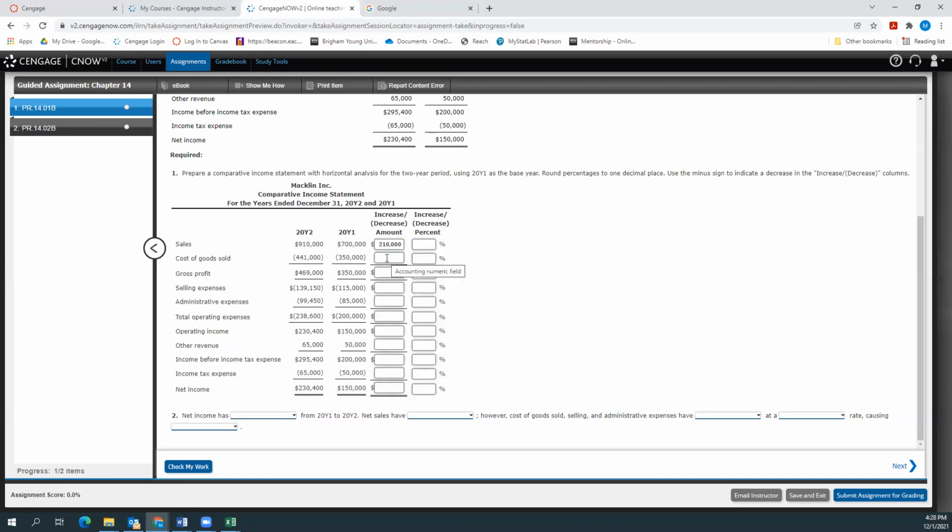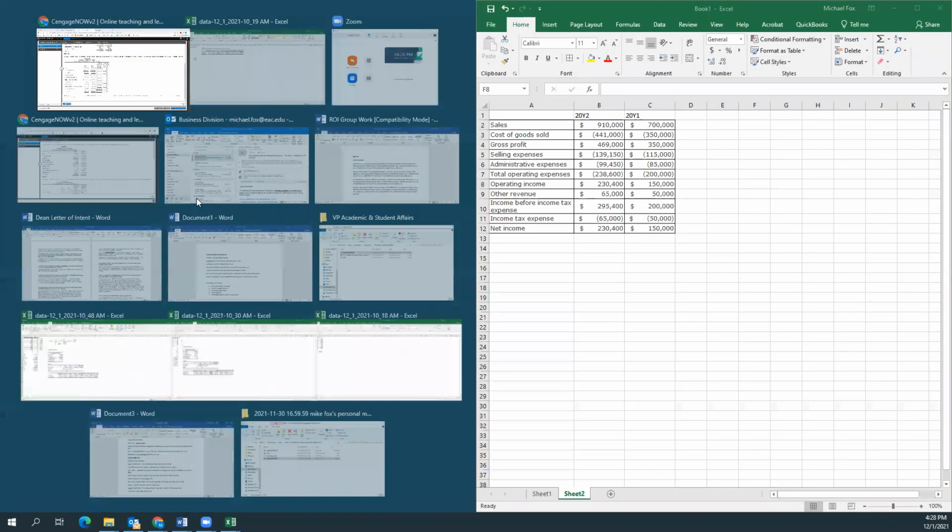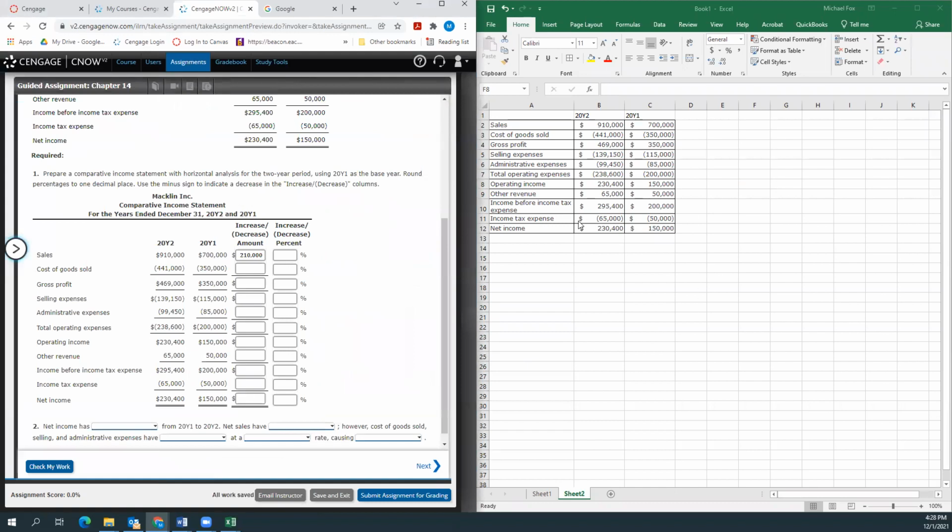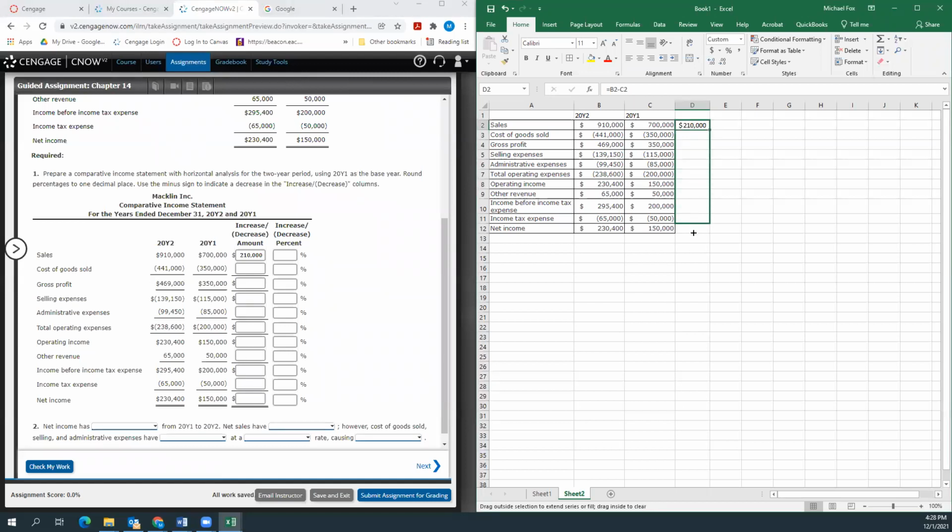And we're just going to do that for each of these. So we could do that by hand with a calculator, or I just created a little Excel spreadsheet here where I've put all of this information over into it. Took a few minutes to get it set up, but it will make our lives a lot easier when I say this equals the most recent year minus the older year, and then I can just fill that formula all the way down.